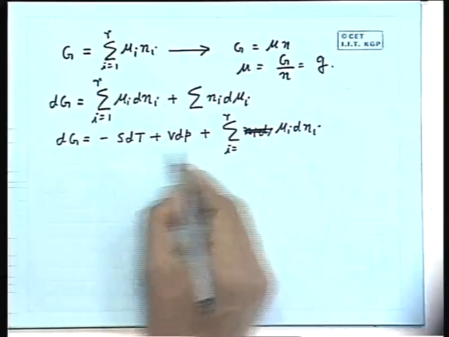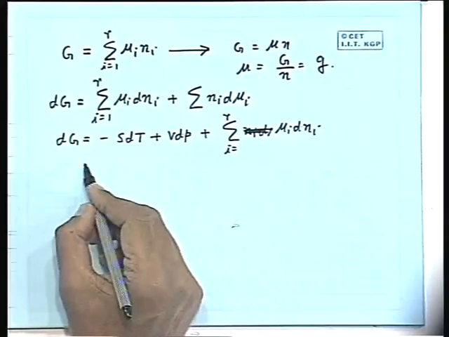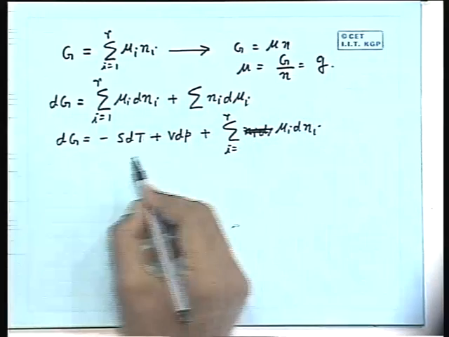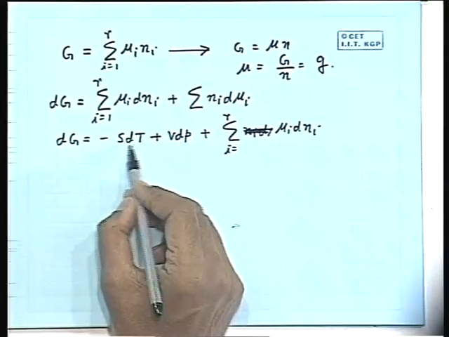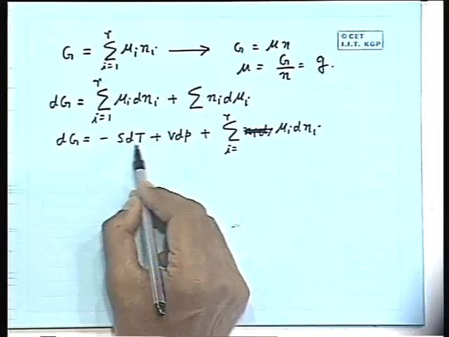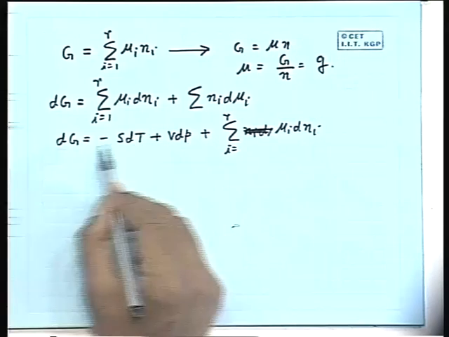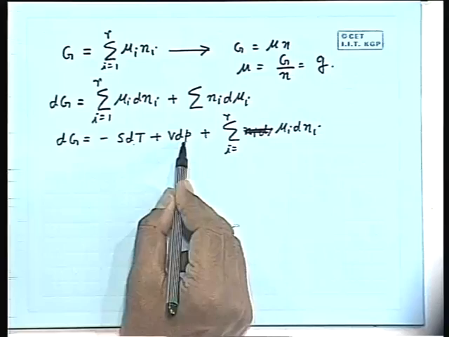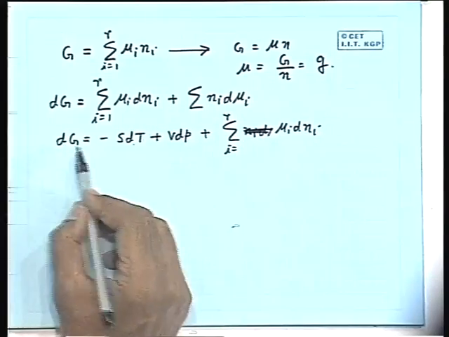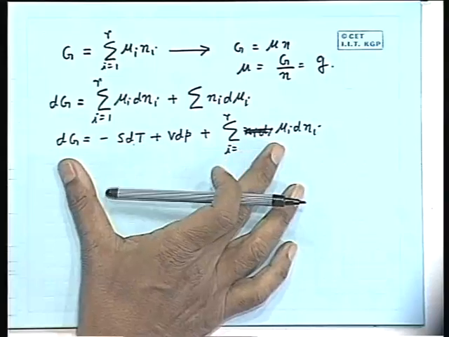This we got by expressing G as a function of T and P, and then recognizing the fact that dG is minus S dT plus V dP for a pure component, single component, pure substance. So this part is for the multi-component system, if we express G as a function of T and P, which we defined earlier.